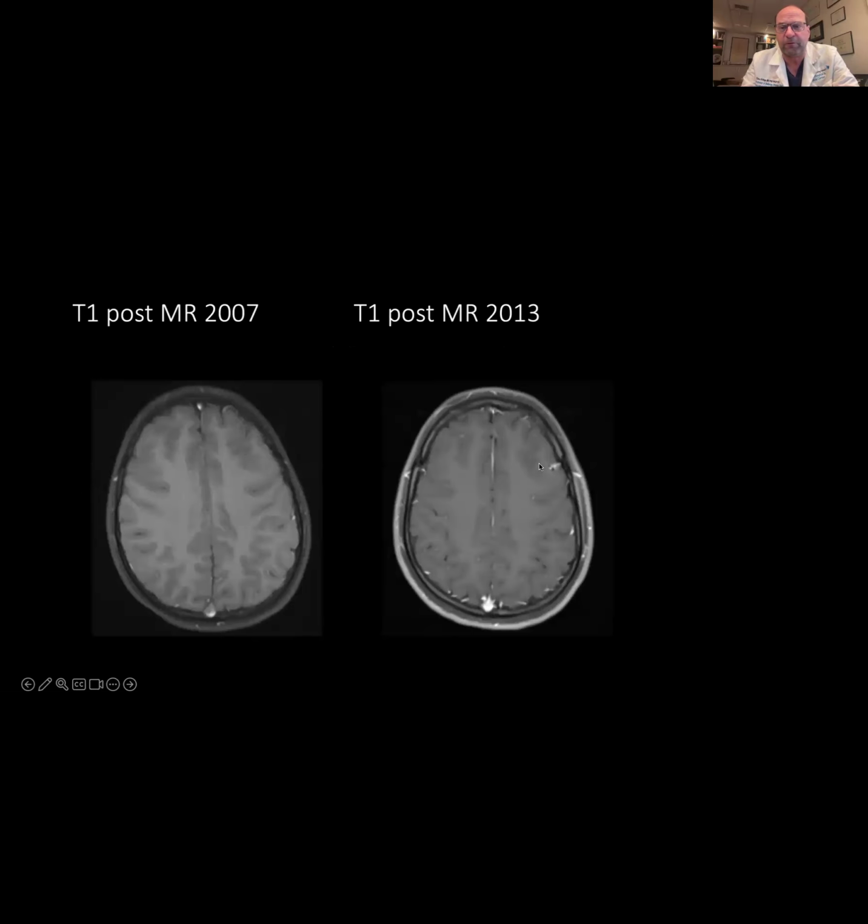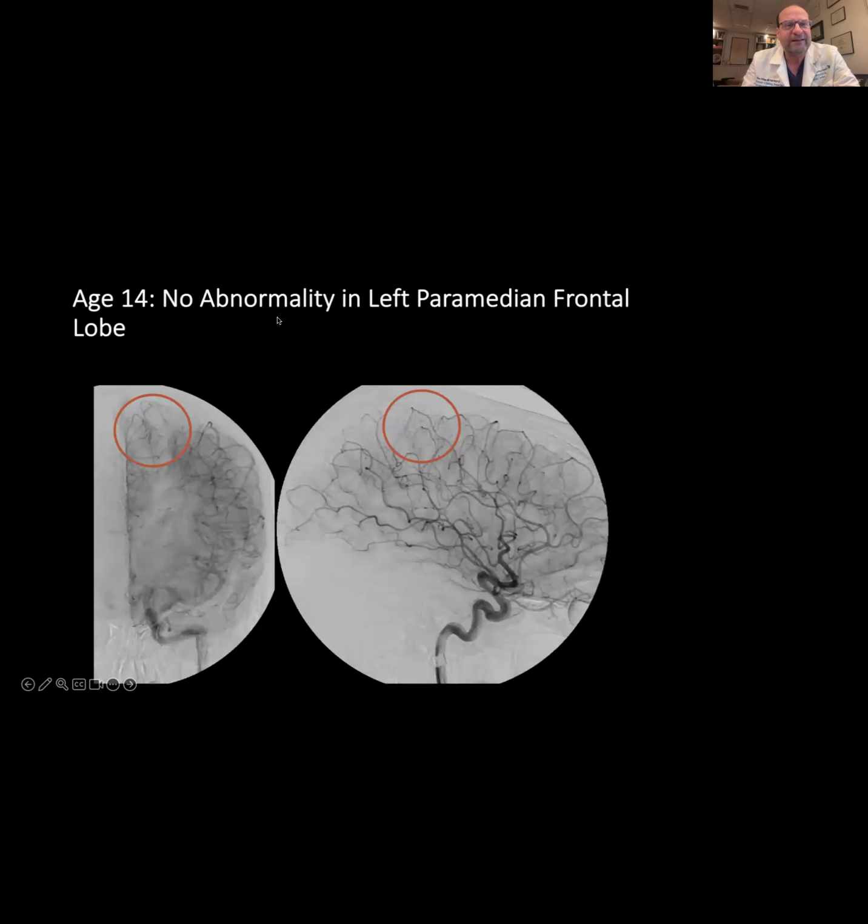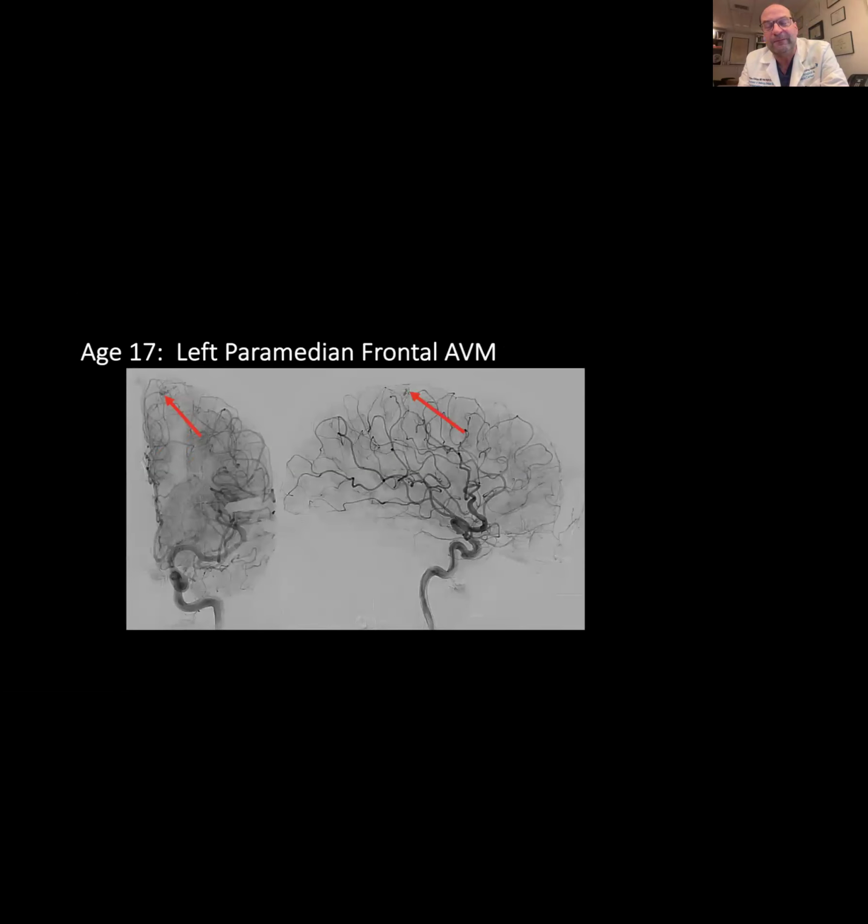Here, T1 post-contrast, you see clearly abnormal vessels. Another patient at age 14, because of epistaxis, he got an angiography, normal angiography of the brain. At age 17, because of recurrent epistaxis, now we see an abnormal tangle of vessels right there.